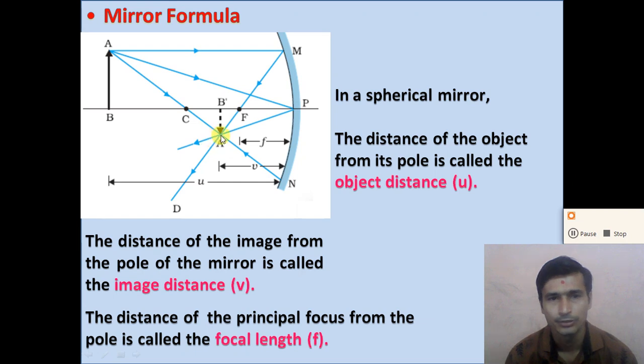At this point the image of point A is formed, A dash, and similarly all the points on the object AB, after reflection we obtain on this line, right? So the image A dash B dash is formed.